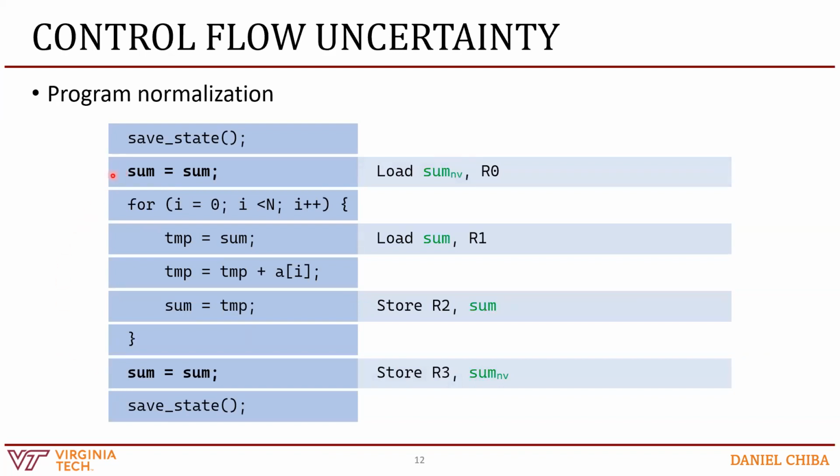Obviously, sum equal to sum is not a statement that has any impact on your program semantics, but it solves the issue of when to load or store to non-volatile memory. And so within the loop, you only access volatile memory.